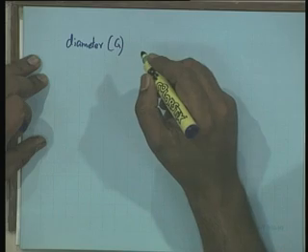Maximum level in the BFS? Maximum length of... the maximum distance between two vertices along the shortest path between those two vertices.